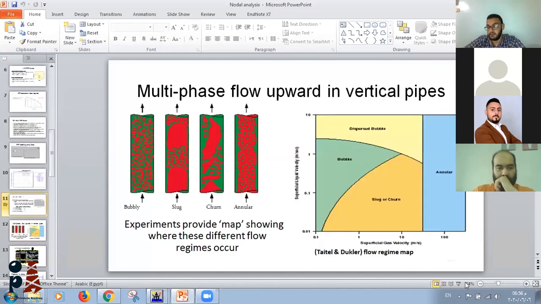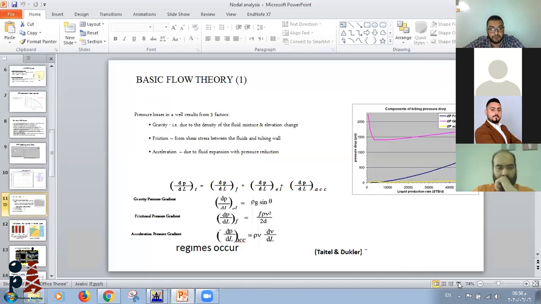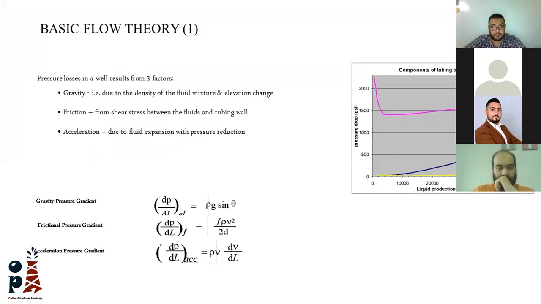If you remember this, we speak here about the component of the tubing pressure drop. At the beginning, you see here, it increases, the pressure drop decreases, and it's mostly about the gravity factor.